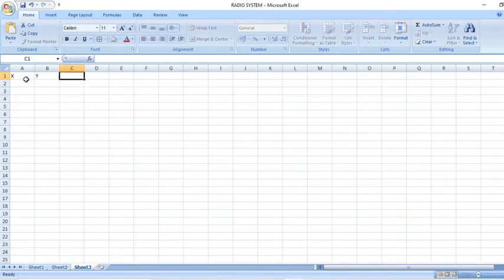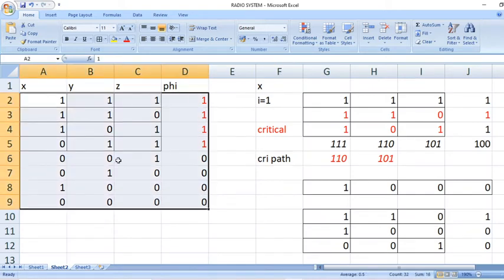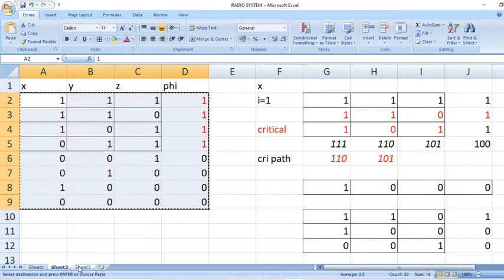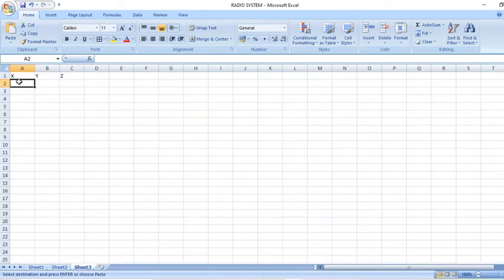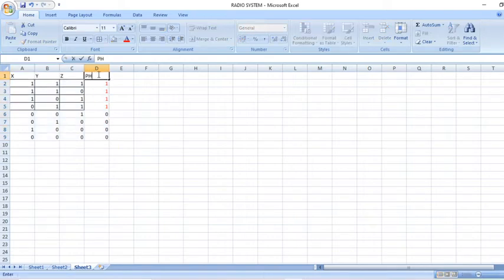X, Y, and Z. There are possibilities. Similar possibilities exist for this system too. We have to determine these values.